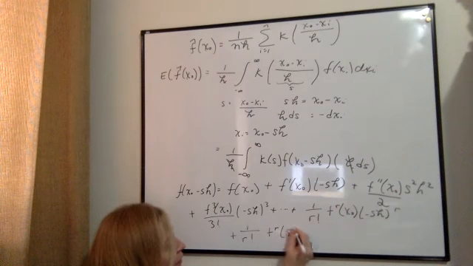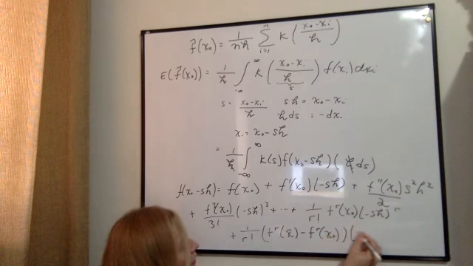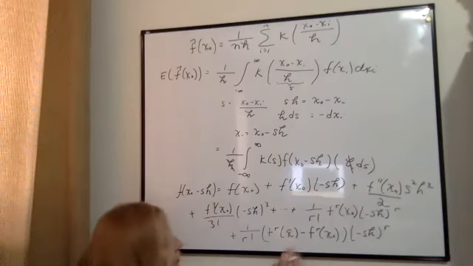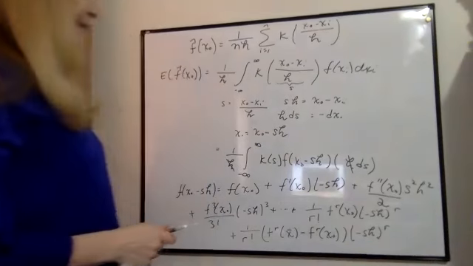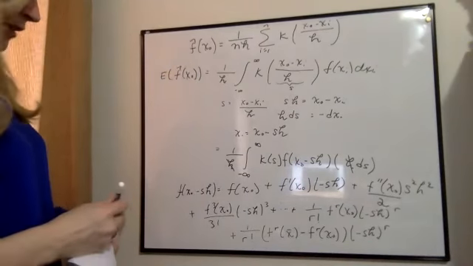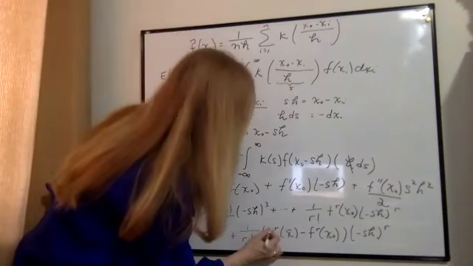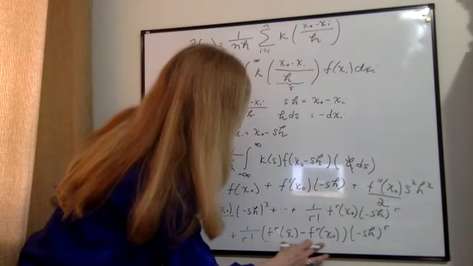Okay, this could be x bar minus f R of x naught, and this is minus sh to the R. So notice this term and this term are the same. So I added it and subtracted it. Okay, so the reason for doing that is when you analyze the bias, sometimes people put restrictions on this.